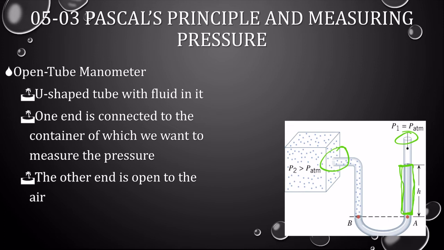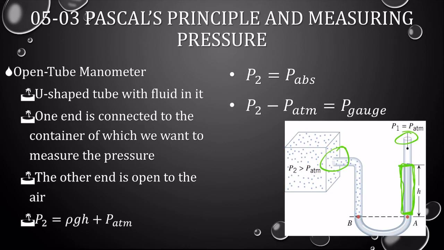So that means that the pressure at 2 equals the pressure at 1 plus the pressure due to that fluid, or pressure 2 is the atmospheric pressure plus rho g h. So pressure 2 is our absolute pressure, which means the gauge pressure would be pressure 2 minus the atmospheric pressure, or if you'd like, our gauge pressure would simply be rho g h.